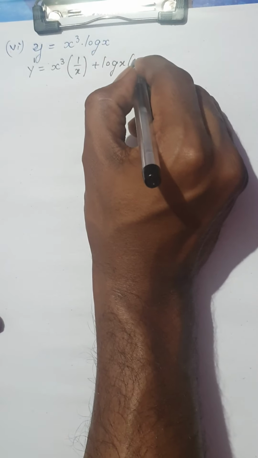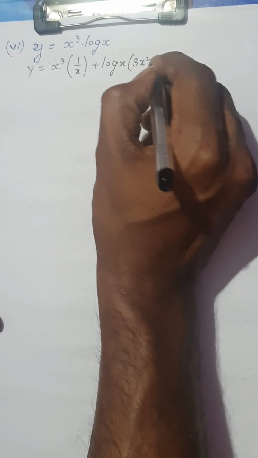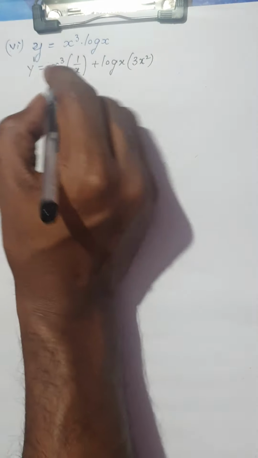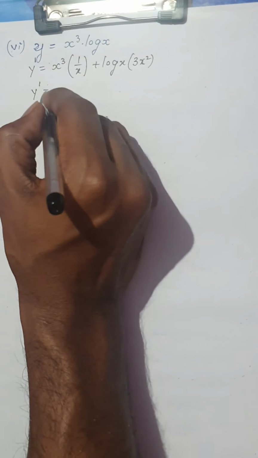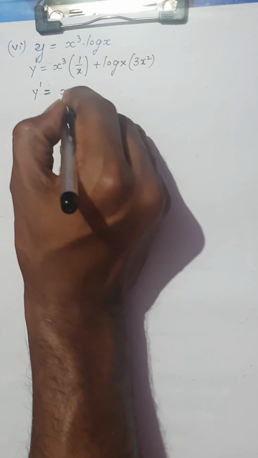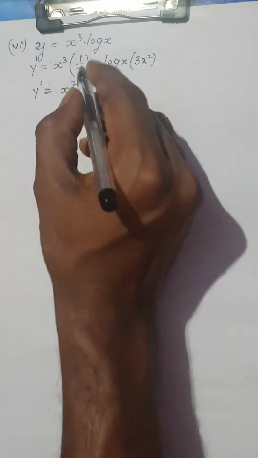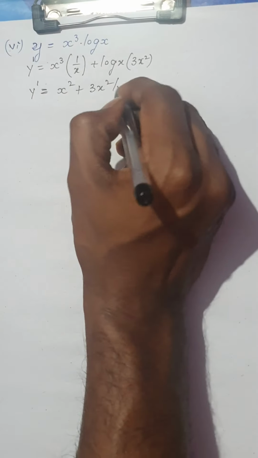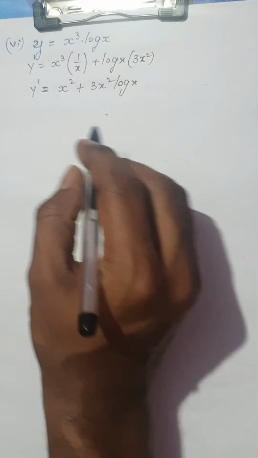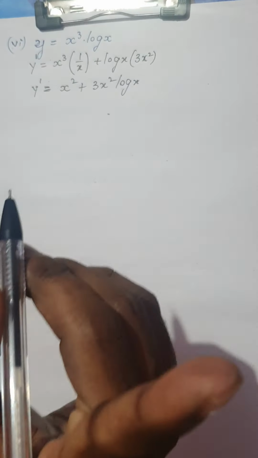Derivative of x cubed will be 3x square. So you can write it in a simplified way. Y dash is nothing but x cubed by x, that is x square, plus 3x square into log x. So this is just the first order derivative, remember.